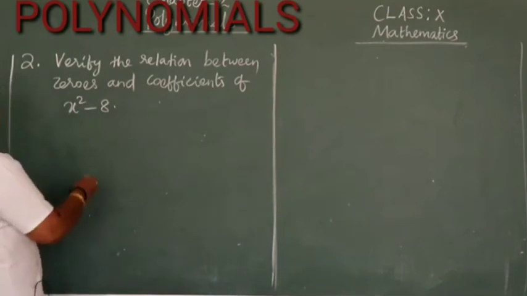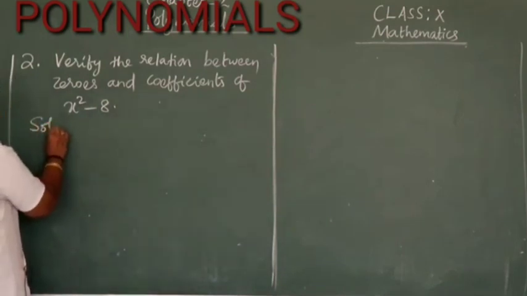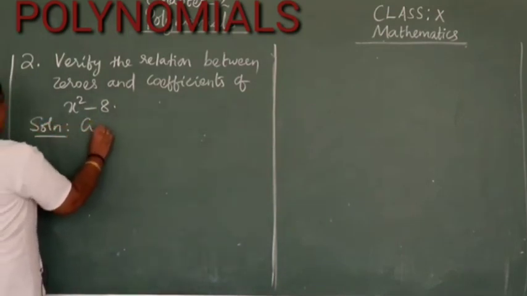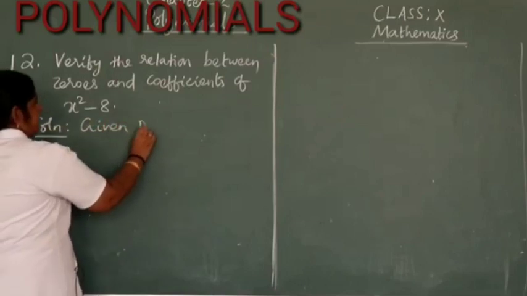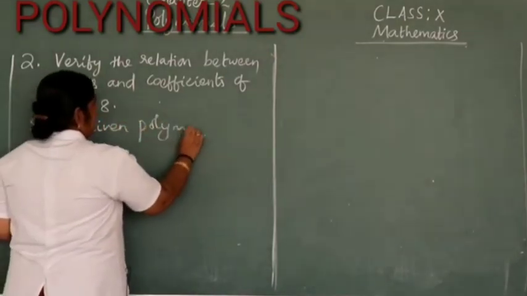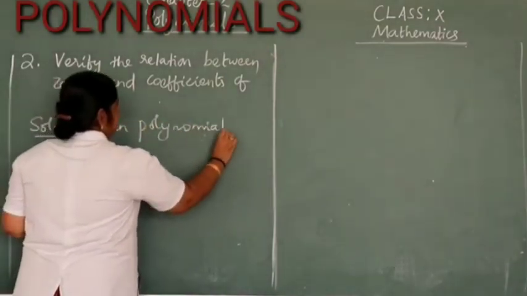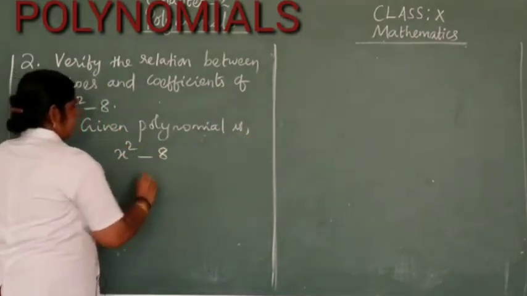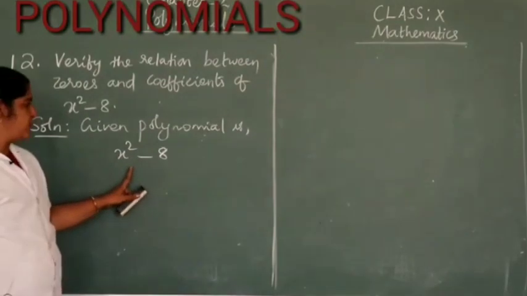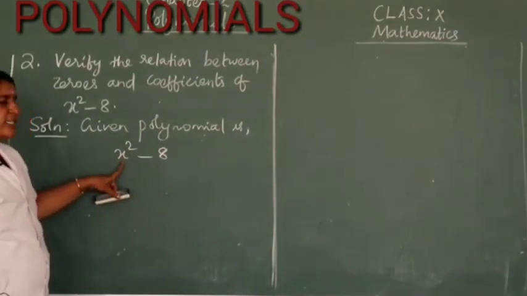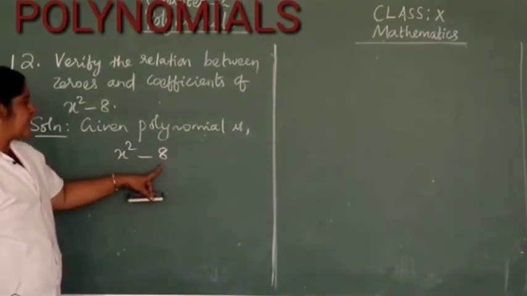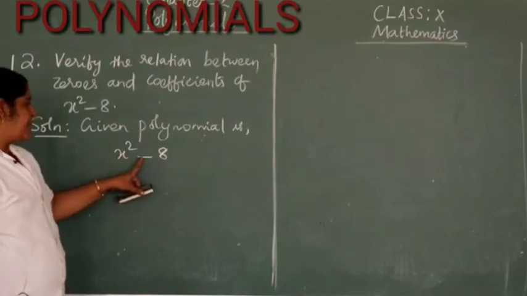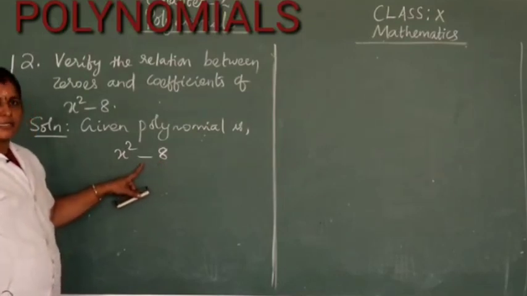Okay. So given, write the solution. Given polynomial is x square minus 8. So in this polynomial you see children, here the x square term is available and the constant term is available, but the x term is not there.